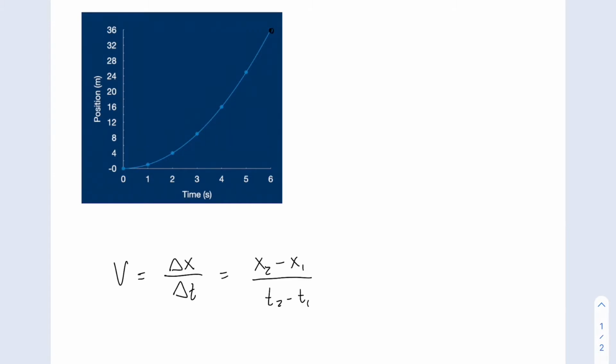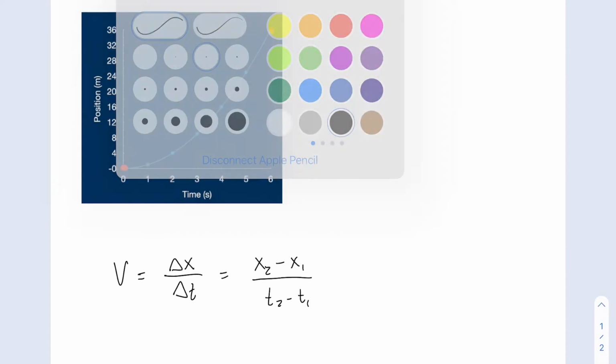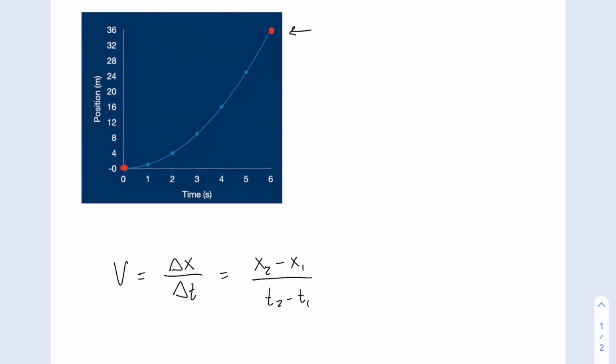The one at 6 seconds, which is right here, at x equals 36 meters and time equals 6 seconds, and then the other one's at 0, 0. So that's 36 meters over 6 seconds, which gives us 6 meters per second.